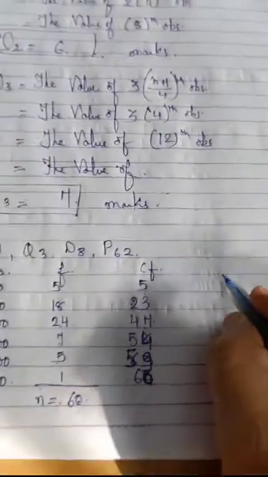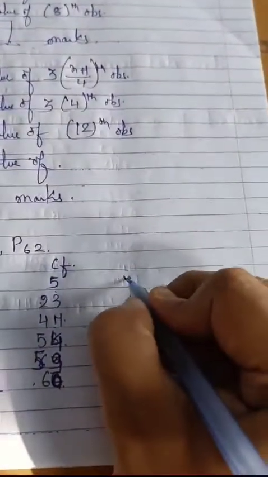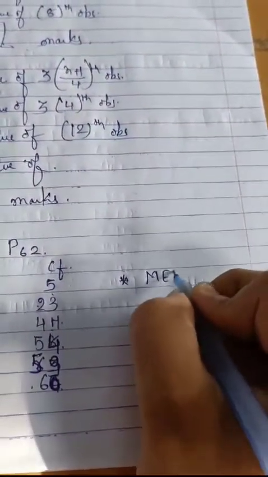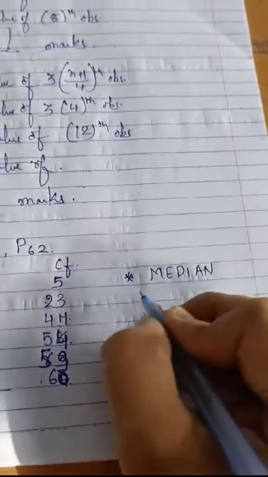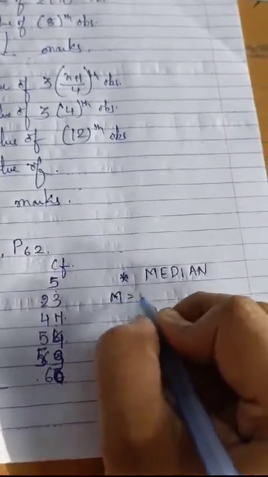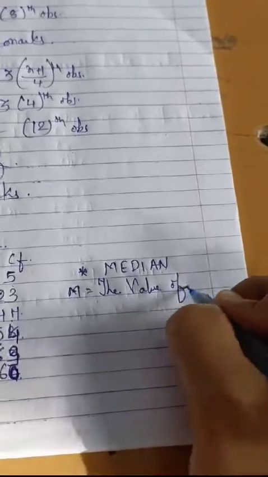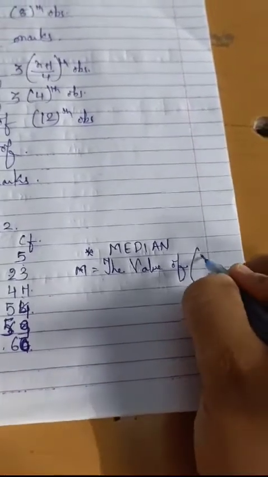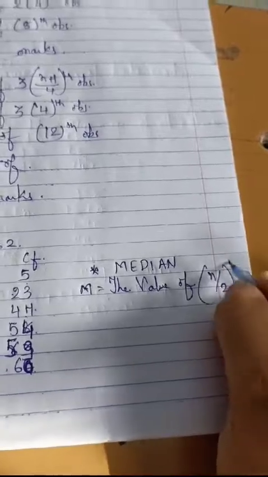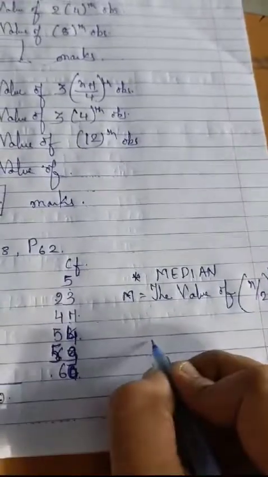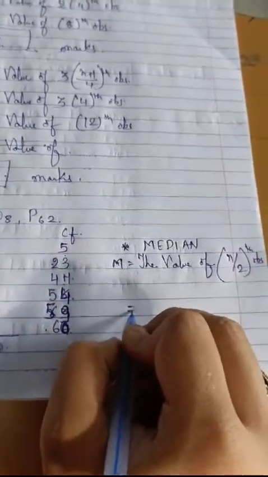Okay, so first, finding what they have asked: the median. Median M equals the value of, in this kind of data, the formula n by 2, not plus 1. Plus 1 only exists in ungrouped and discrete data.